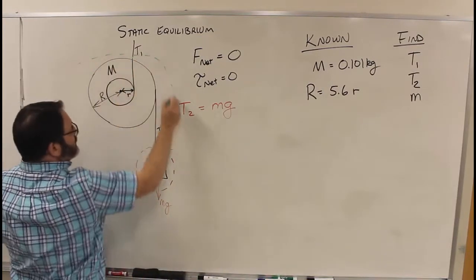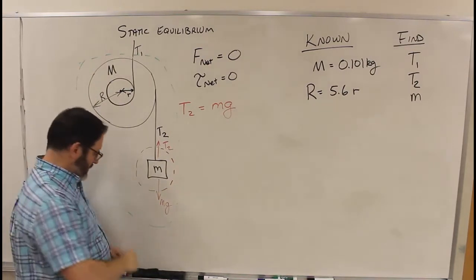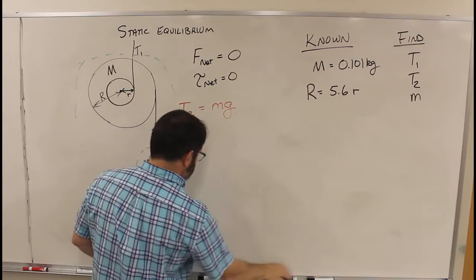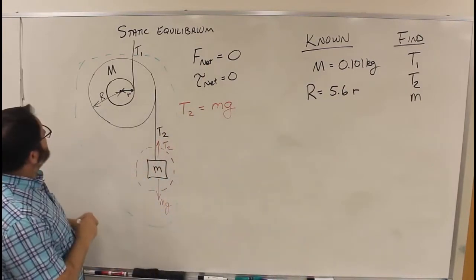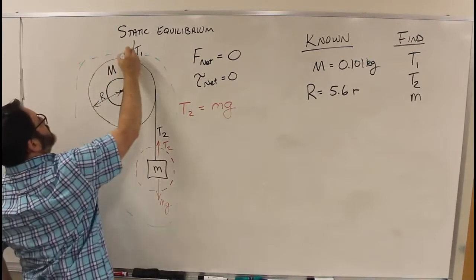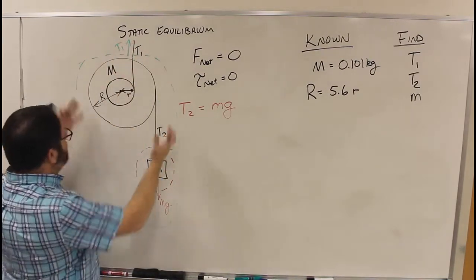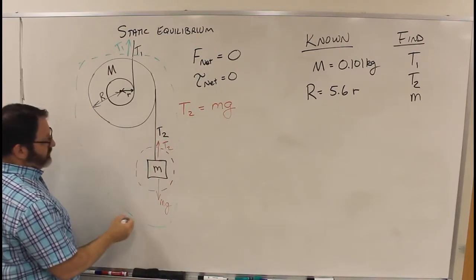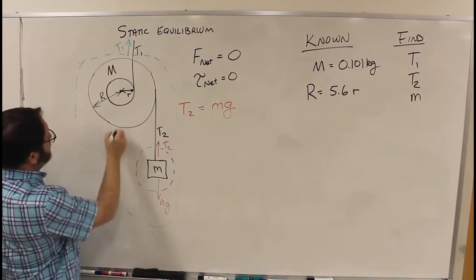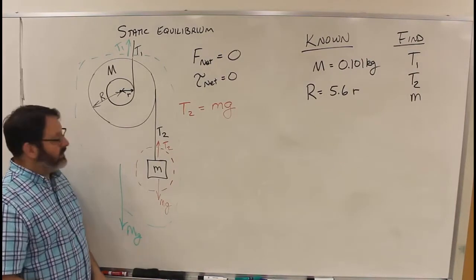Free body diagram of this whole thing. So net force on this thing: tension T1, and then gravitational force, mg here, and then the big M g there.